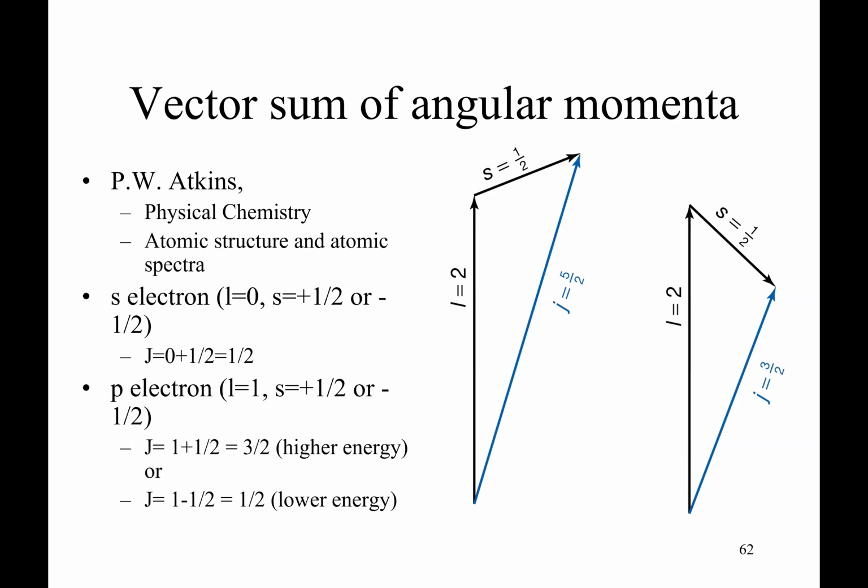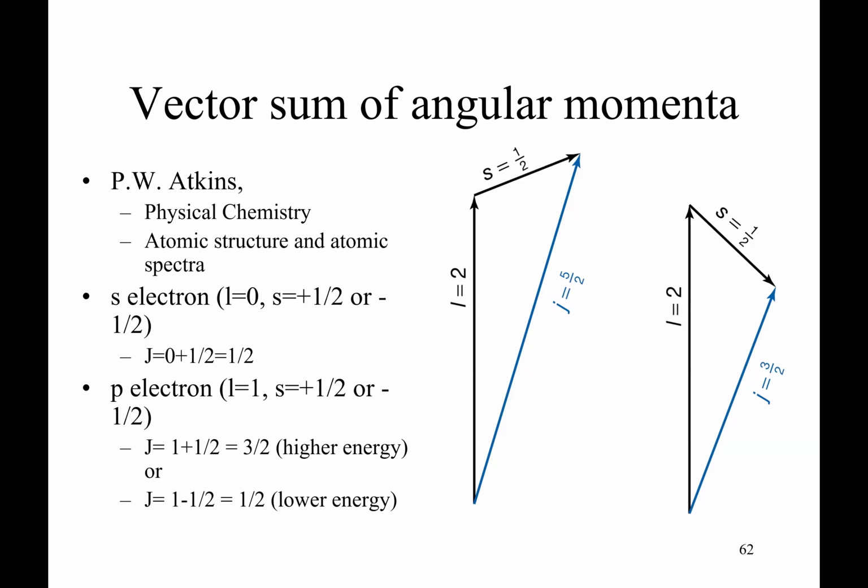So that's what you have here. For example, if you have an S electron, L equals 0, and the spin can be spin up, spin down, plus a half, or minus a half. S electron has L equals 0, S is a half or minus a half.